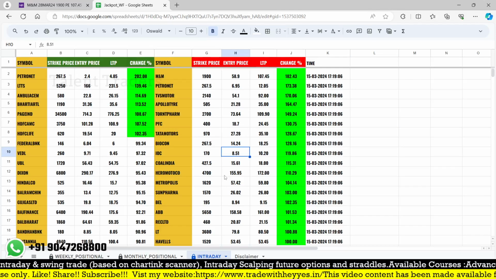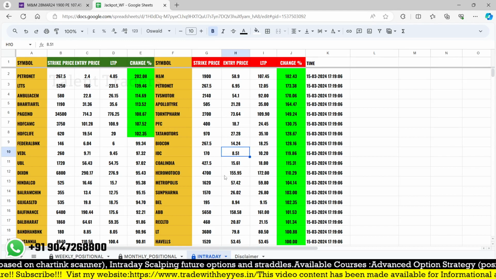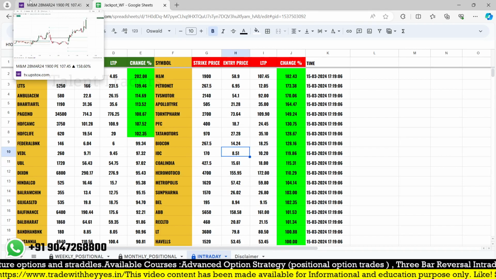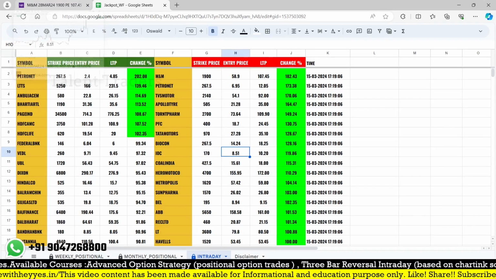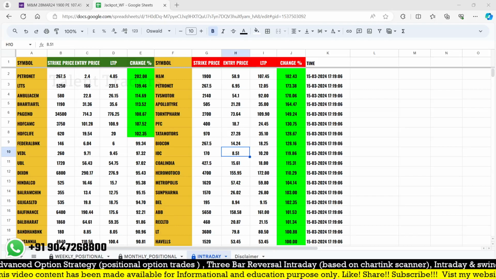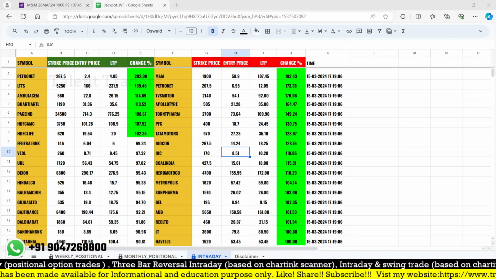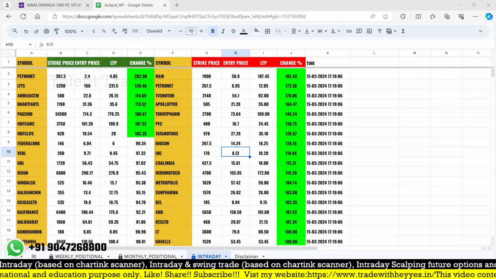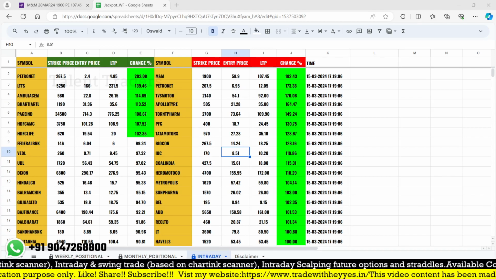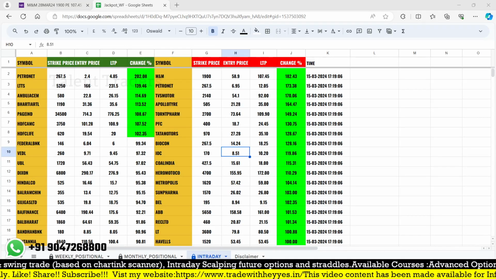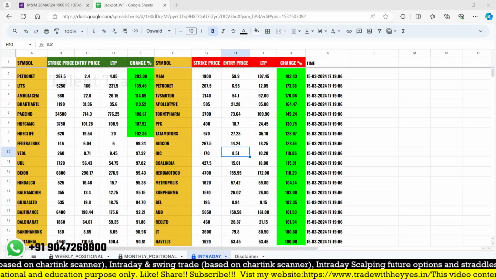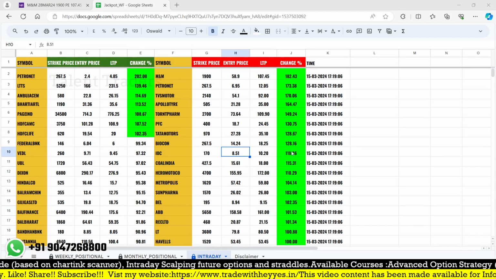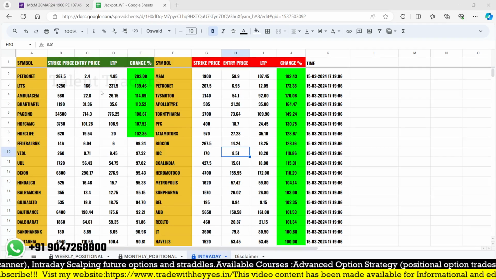In this case, IOC, Indupetro, and one more stock, two stocks I saw. So a lot of stocks gave such a good opportunity, like Indupetro and IOC. These are all stocks that triggered by the opening itself.